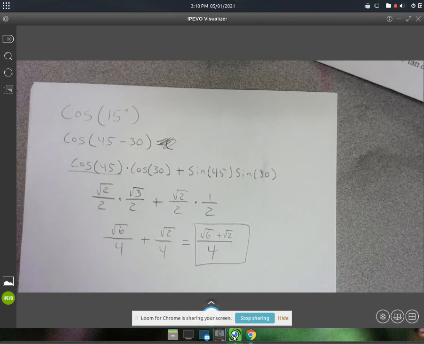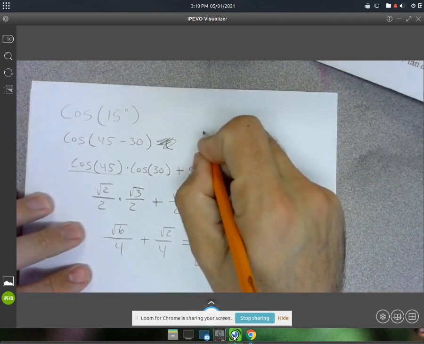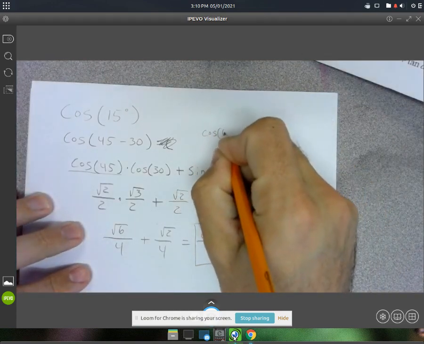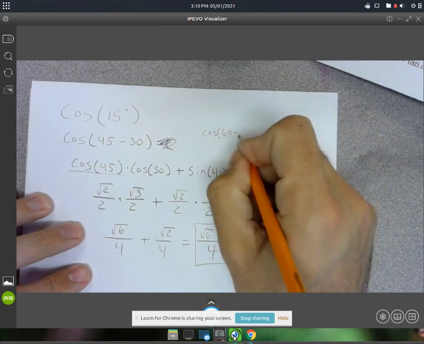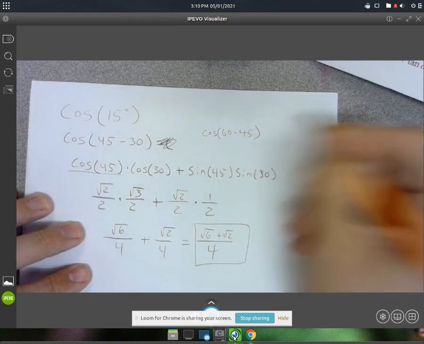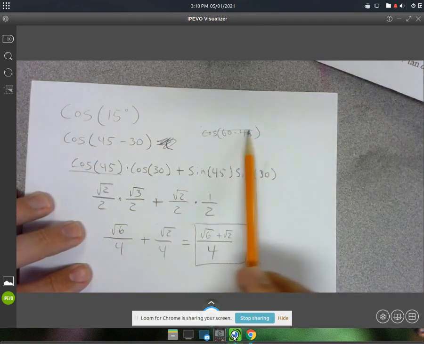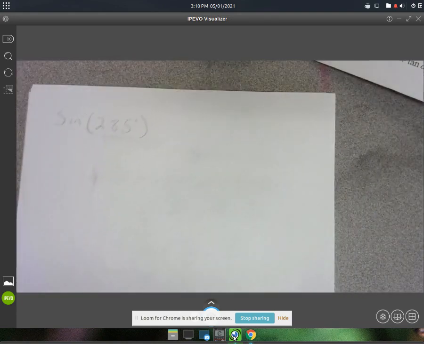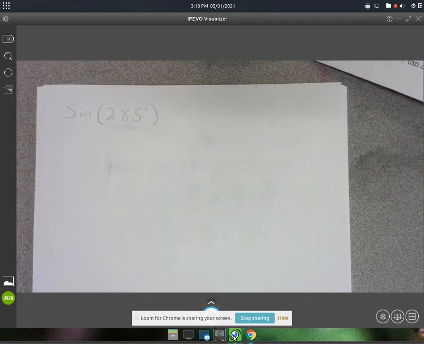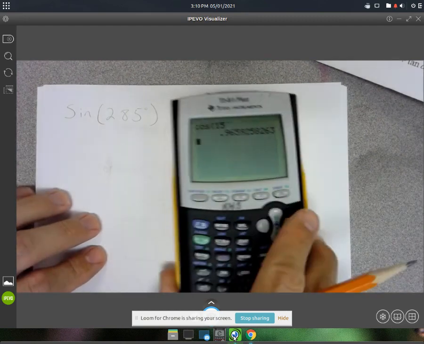It would be the exact same if you had worked out cosine of 60 minus 45. It'll end up giving you the exact same answer. But all right, let's do one more here. We'll do sine of 285 degrees. We want to write this in terms of, usually, a 45 degree angle is what I always end up going with.